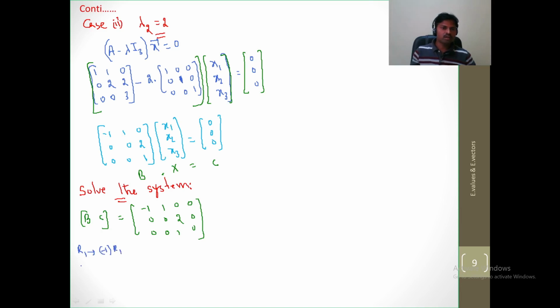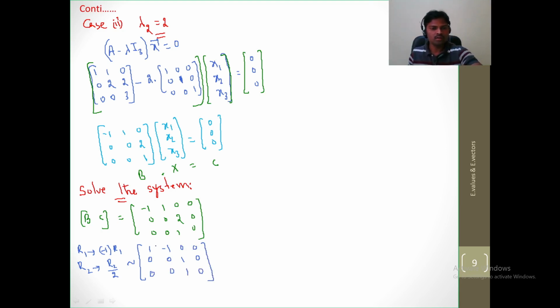Similarly, row 2 I am modifying as R2 by 2, because the second row's first non-zero entry should be 1. That's why I am dividing by 2. Now this is 1 minus 1 0 0. Clear? And the second row 0 0 1 0.